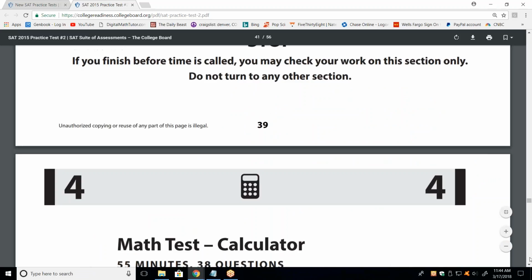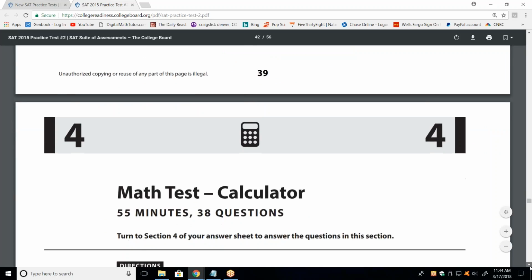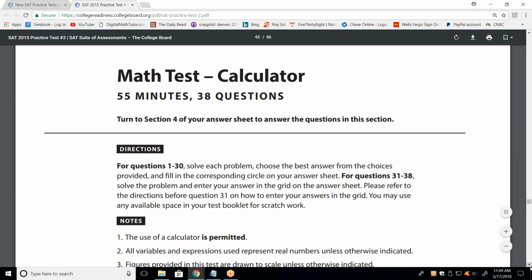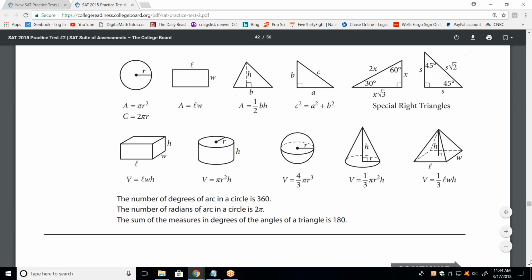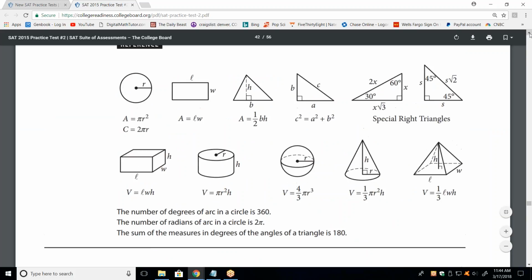All right, so that's it for the grid in. And now the calculator test. I guess the whole first part of the test was non-calculator also. Now notice all the formulas they give you, they're all geometry formulas.